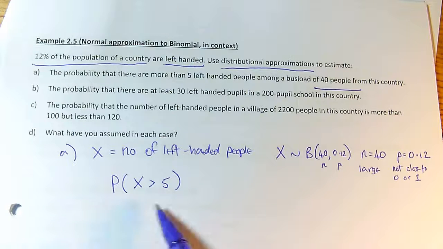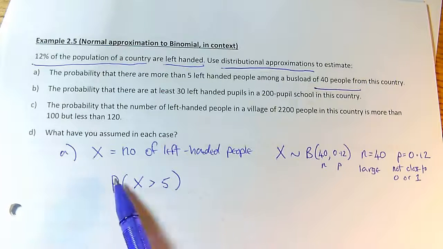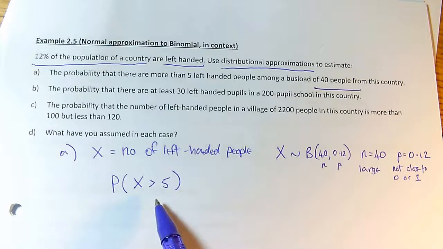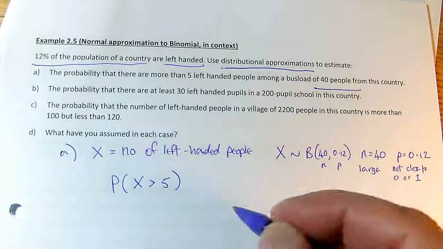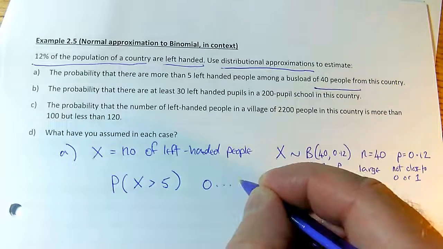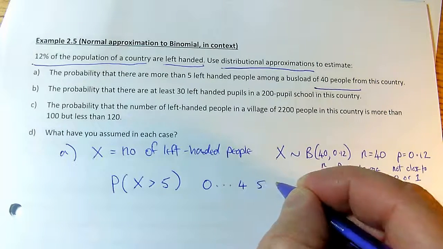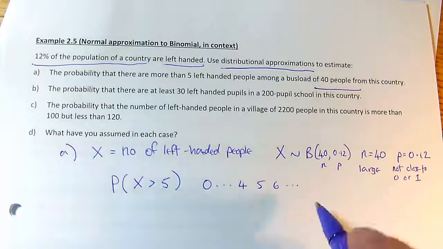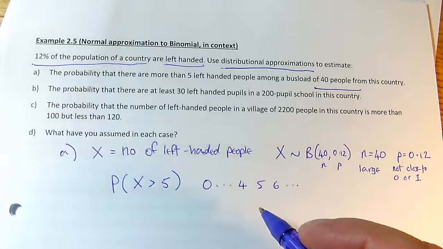Okay, but even if you're using the original binomial, whatever you're doing with this, we need to do the outcomes diagram. So we've got 0, we were interested in values near 5, so 4, 5, 6, ... The upper limit is 40, but we don't actually need that. What we do need is our ticks and crosses.